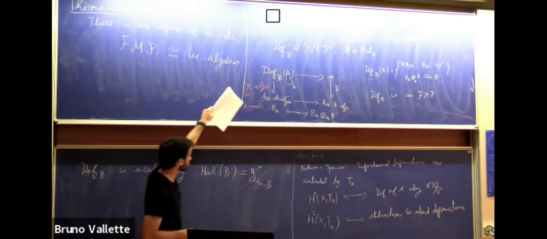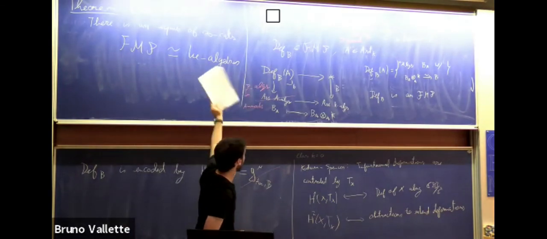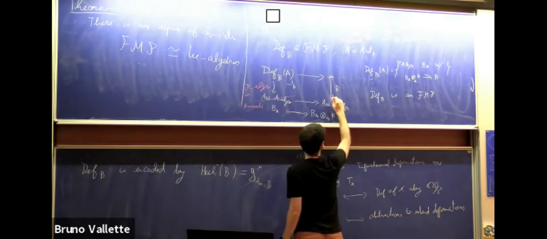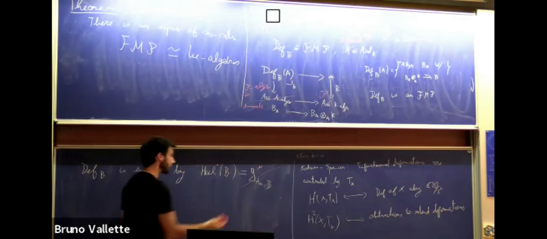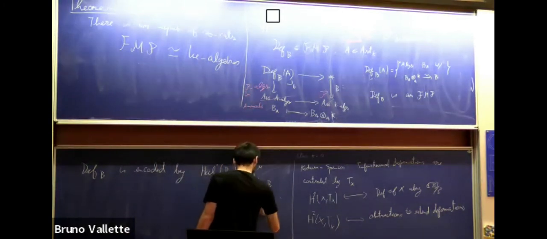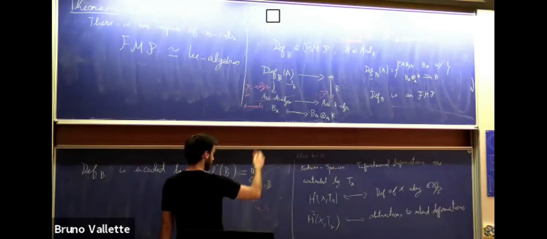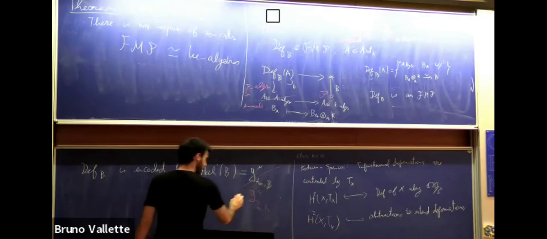Lower left corner of the diagram, this one? Yes, of course. And here you would get instead, so g of P infinity be twisted by a certain Maurer-Cartan element that determines the structure.